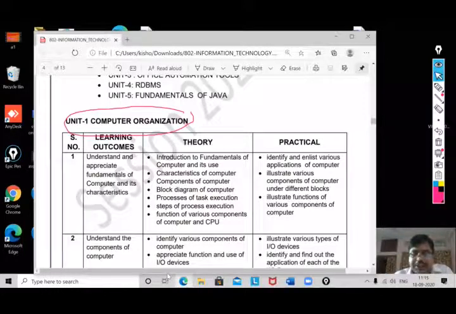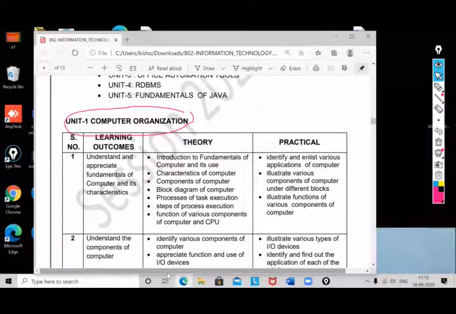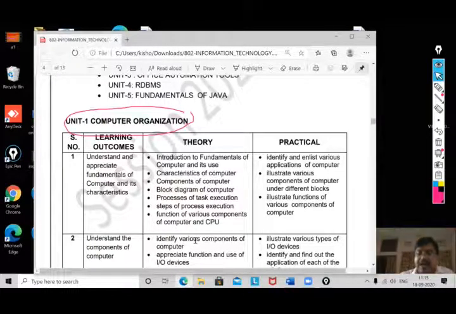Now, in these units, you will learn a lot of new topics where you can understand various aspects like how you can develop skills, where you have the job opportunities in future.